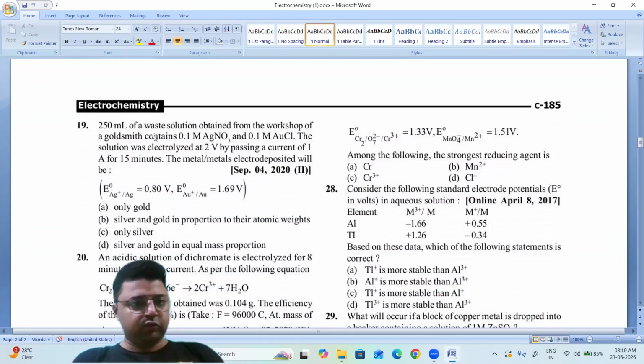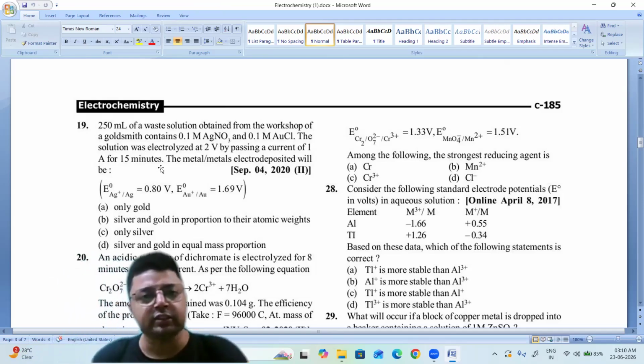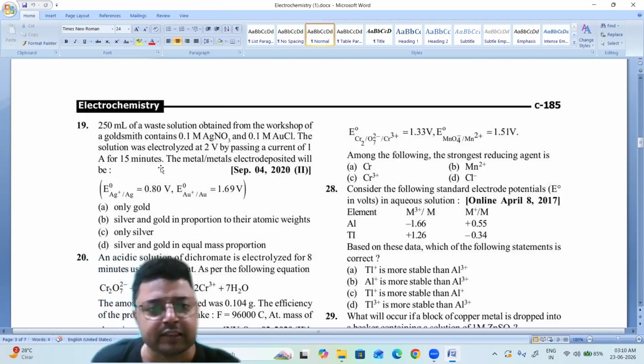The solution was electrolyzed at 2 volt by passing a current of 1 ampere for 15 minutes. Now this voltage is unnecessary, because in Faraday's laws of electrolysis, ampere and time are given, so you can calculate from there. Volt is not required in this segment.